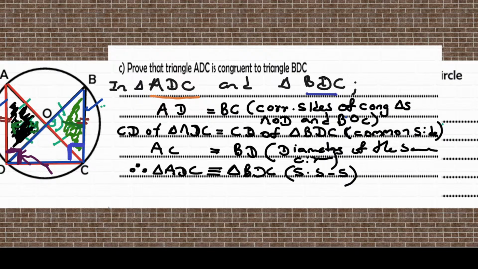So if this type of question comes in your first term exams, can you take ADC as 90, though it is 90? No, because you haven't learned the rule yet. So when you're in grade 10 first term, the only option you have to prove that these two triangles are congruent is SSS.